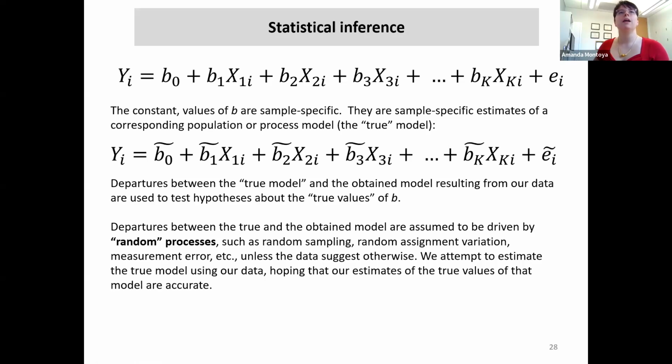The core thing that we're thinking about when we're thinking about inference is that there is some underlying true value of all of these coefficients, but we don't know it. We only have a random sample that may deviate away from our population value. And this could be due to random sampling, random assignment variation, or measurement error. So we have to use an inferential process in order to make conclusions about what's going on in the population.